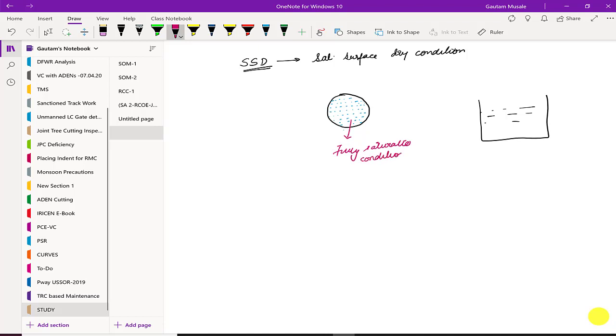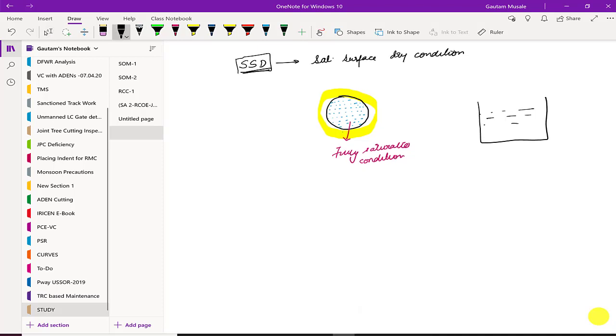This is the condition wherein my aggregate has absorbed water to its full capacity, that is, it is fully saturated from inside, but the surface is completely dry. This condition is called the SSD condition, that is saturated surface dry. As you can see, saturated from inside and surface dry from outside.